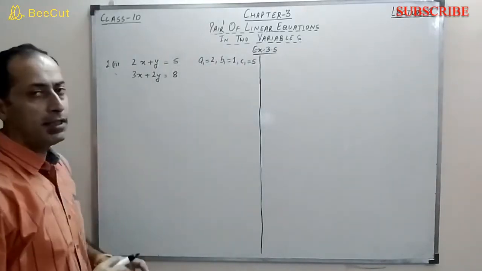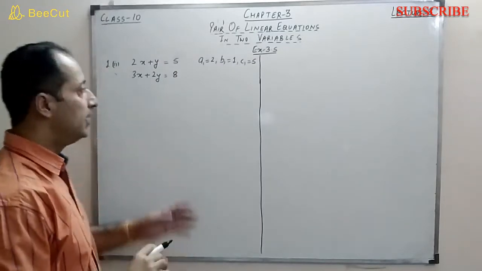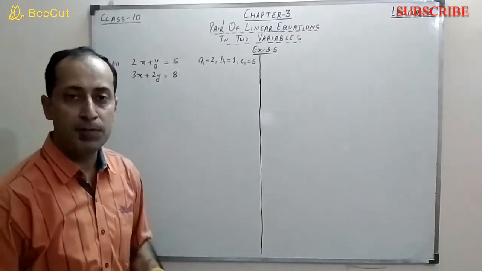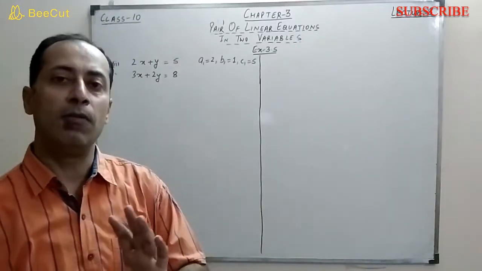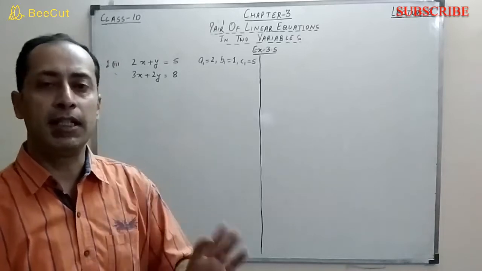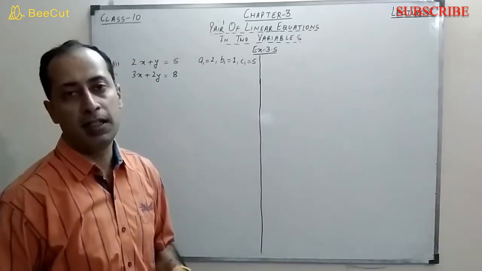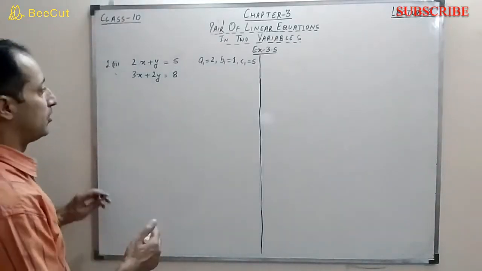See, if you have to find the consistency of the solution, you can write the equation in this form also, or you can shift the constant terms on the left side and write in one way. So there will be no difference because signs will be changed and they will be cancelled when you take these ratios.